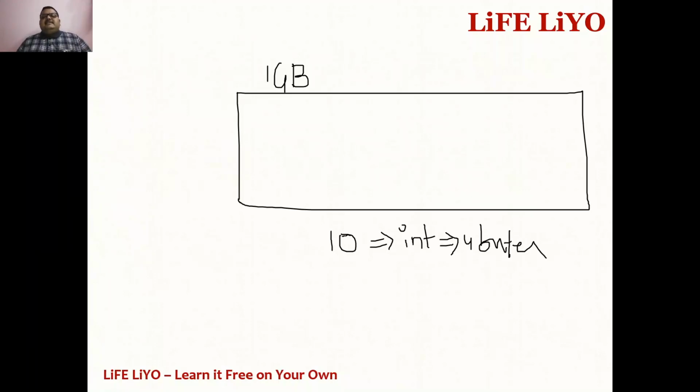1 GB means 1024 MB. Then 1024 MB means 1024 into 1024 KB.